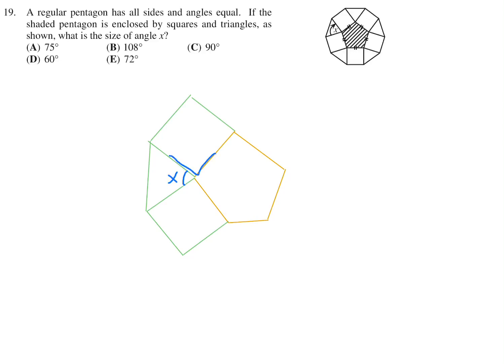Well, if these are squares, then this is a right angle. And therefore, this is a right angle. So if we can find Y, we can figure out what X is. Well, the good news is that if you have a pentagon, the sum of the angles is equal to 540. And that isn't even something that you need to really memorize.